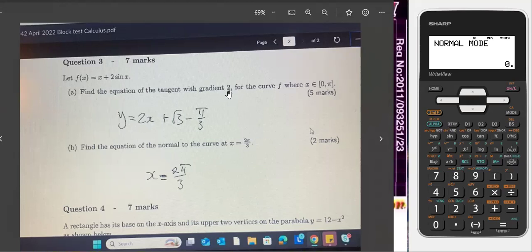That means you are substituting 2/3 pi into the derivative, which gives the gradient of the tangent. Then you flip it to give you the gradient of the normal at this point. Then you substitute to get the y value. So this one is sharp. There's nothing else on this page? No, there's nothing else. Thank you.